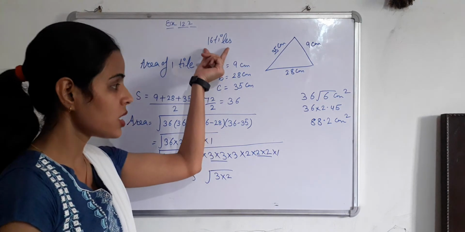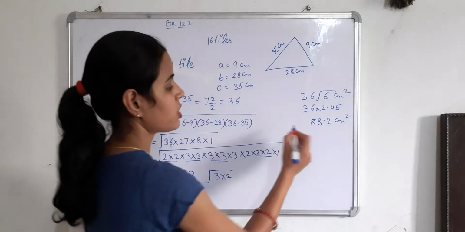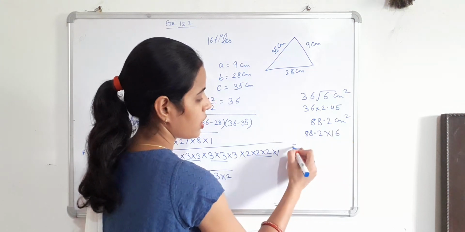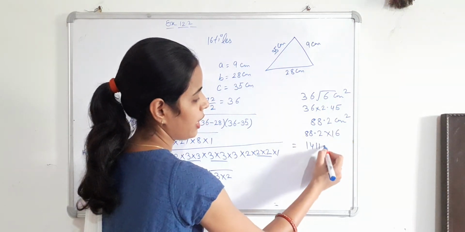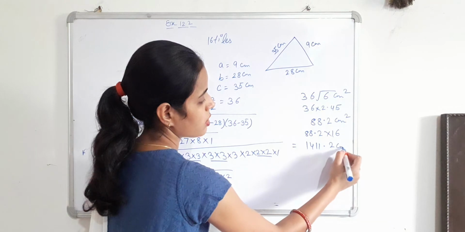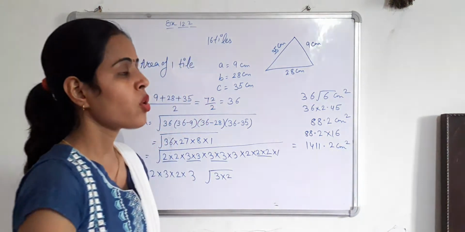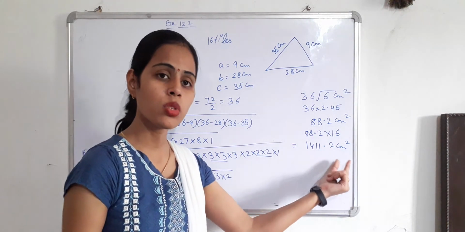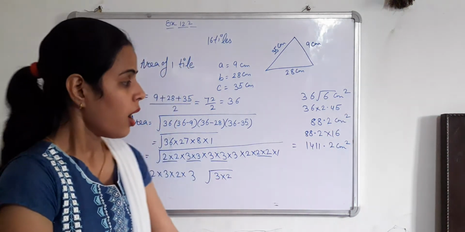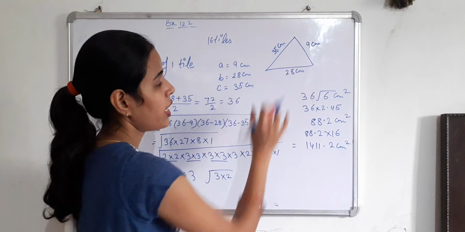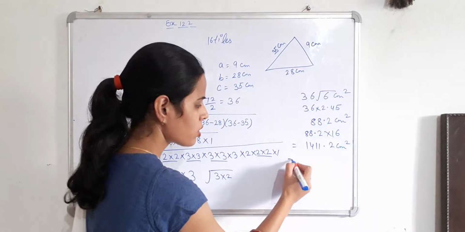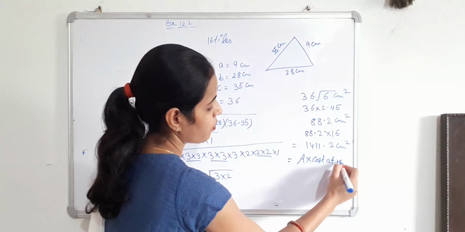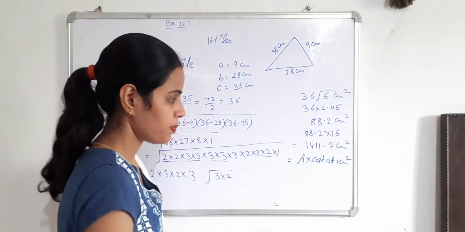But there are 16 tiles. So area of 16 tiles equals 88.2 into 16. This will be equal to 1411.2 centimeter square. So area of 16 tiles equals 1411.2 centimeter square. In last, you also have to calculate the cost. Total cost equals area into cost at 1 centimeter square.